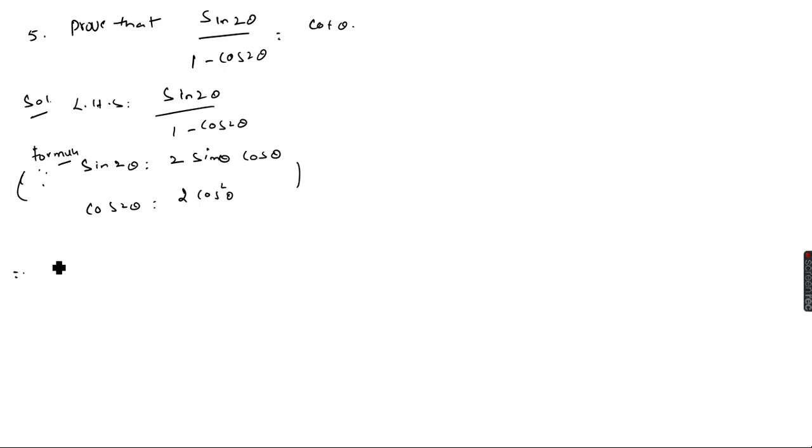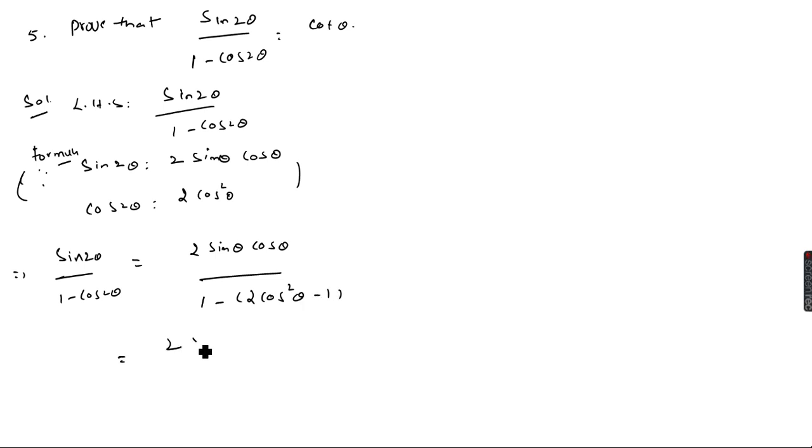Therefore sin 2 theta by 1 minus cos 2 theta can be written as 2 sin theta cos theta by 1 minus cos 2 theta, that is 2 cos square theta minus 1. So we get 2 sin theta cos theta by 1 minus of 2 cos square theta minus 1, minus into minus is plus.